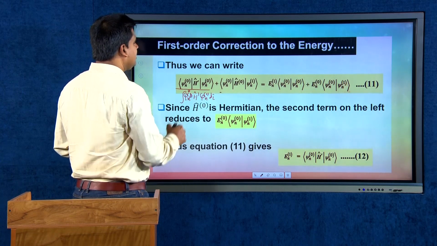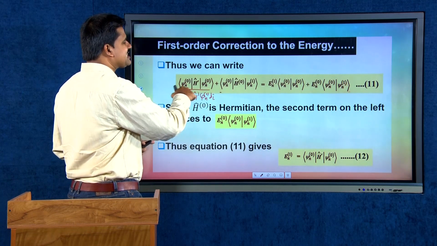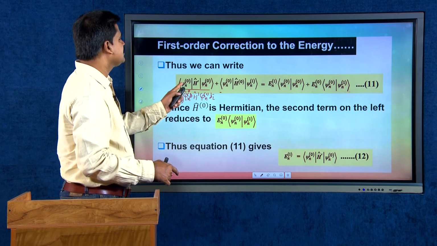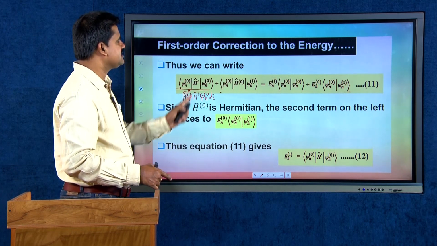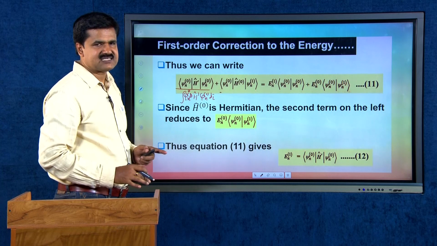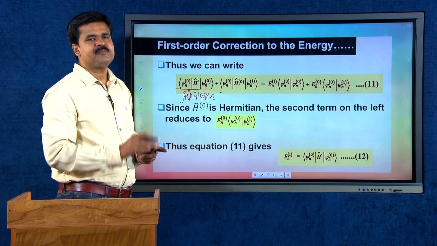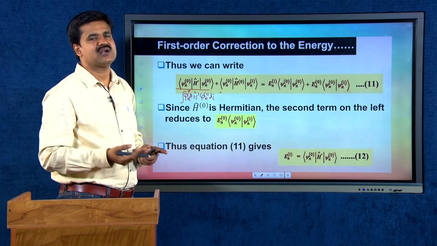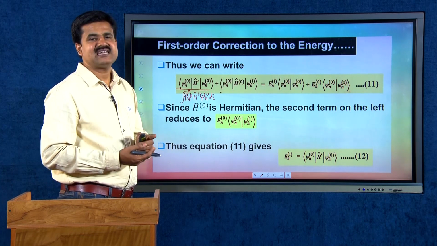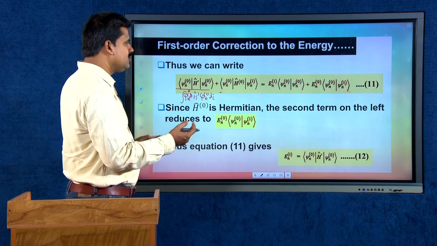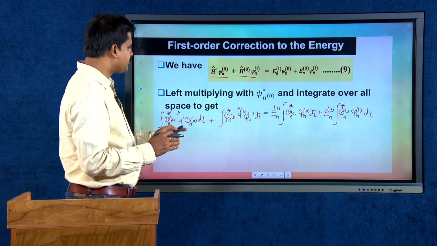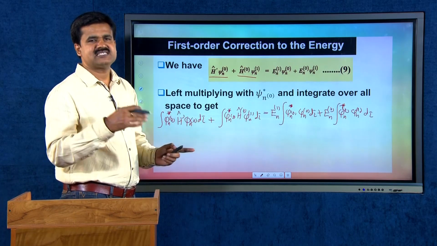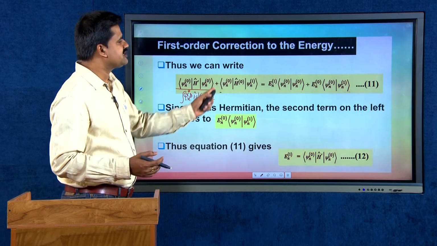This integral is simply represented using the bracket representation: psi n0 h hat dash psi n0. This is the bracket representation that is very popular in quantum mechanics in order to avoid complex integral representations. So the previously discussed equation can be changed to bracket notation like this.